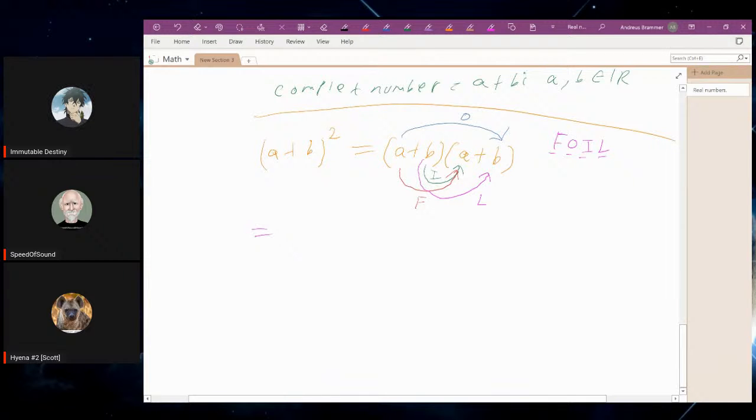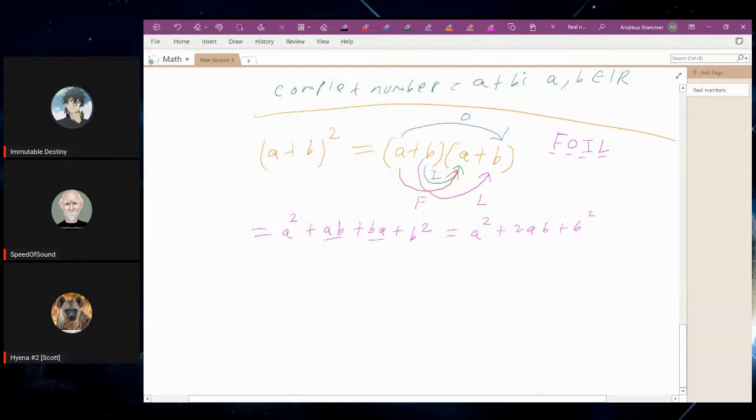The result of multiplication of these two real numbers gives us a times a, so a squared, plus a times b, plus b times a, plus b times b, or b squared. A times b and b times a are actually the same thing, and this gives us a squared plus 2ab plus b squared.